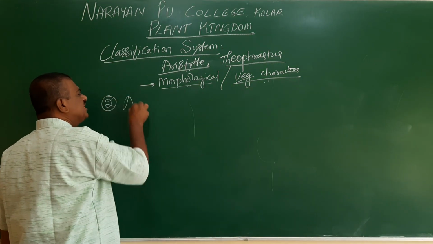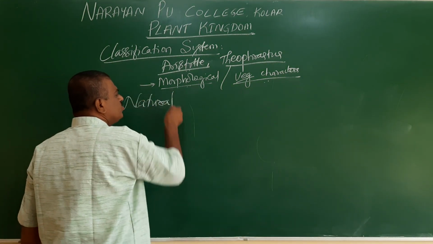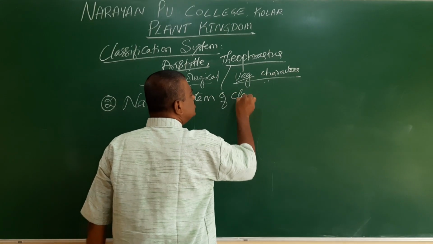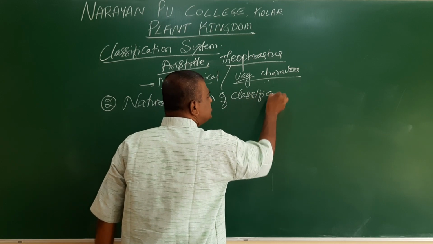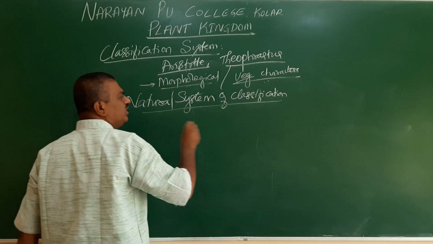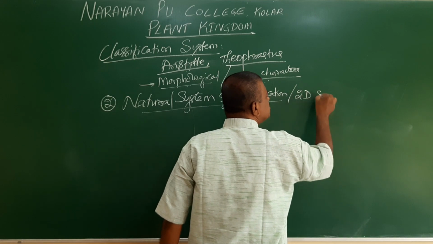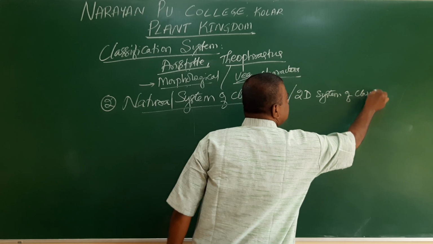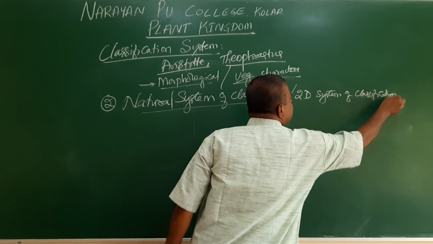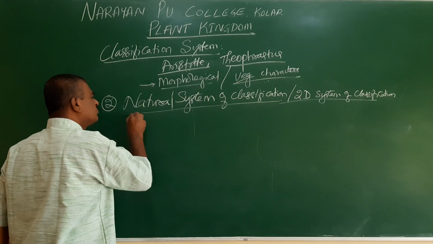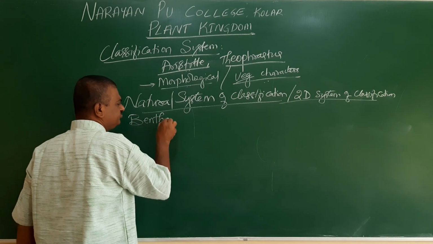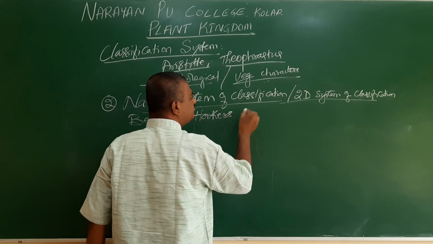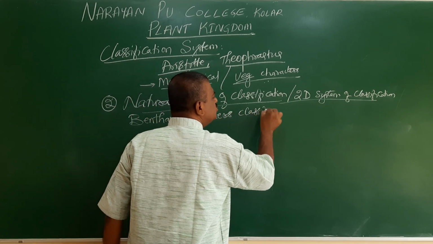So we go for the second system, called the natural system of classification. The natural system of classification is also called the 2D system of classification. This is also called Bentham and Hooker's classification.